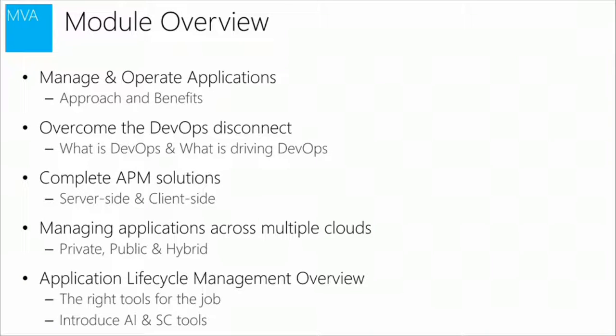The last piece of this module will then allow us to start to understand ALM, or Application Lifecycle Management. We will have an overview of ALM and understand the right tools for the job when we start to monitor applications. This will also allow us to do the introduction of Application Insights and System Center as the tools that we can use to monitor applications throughout.